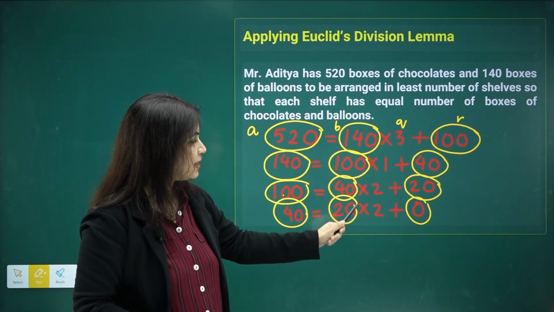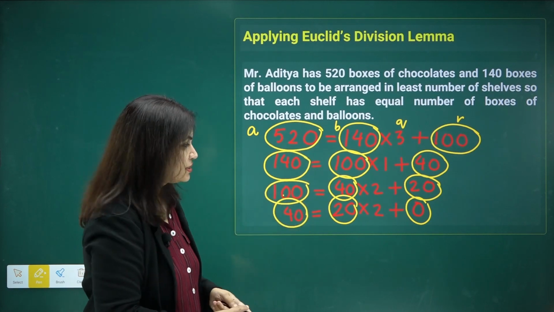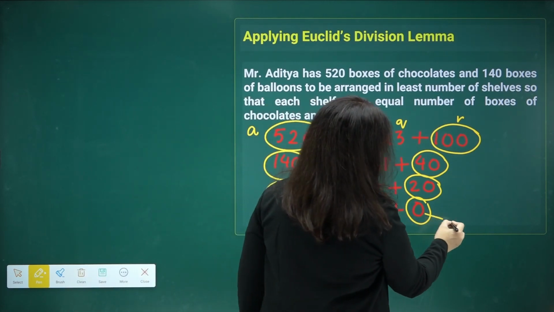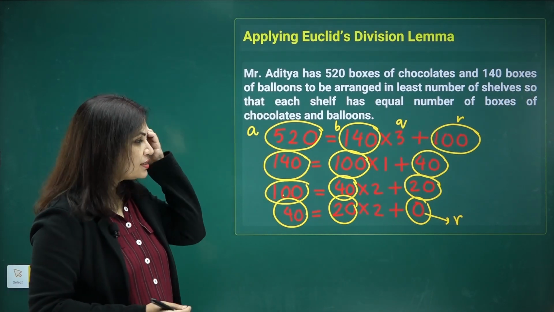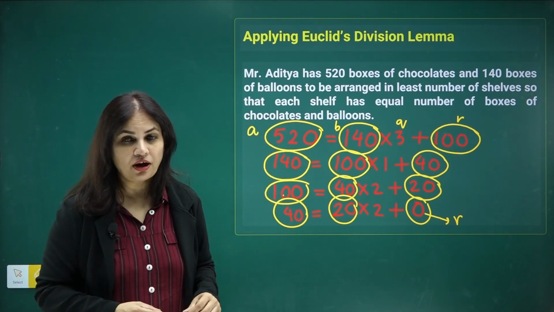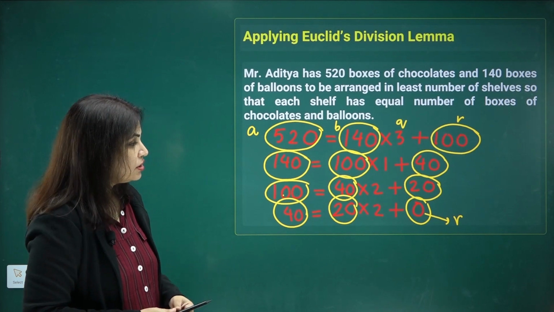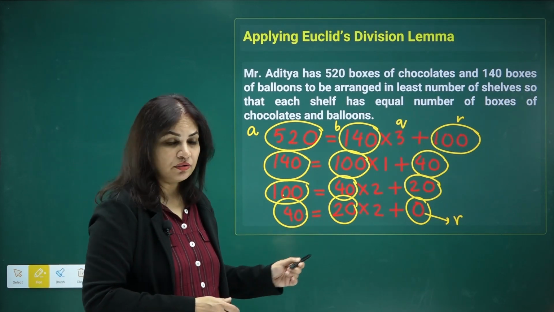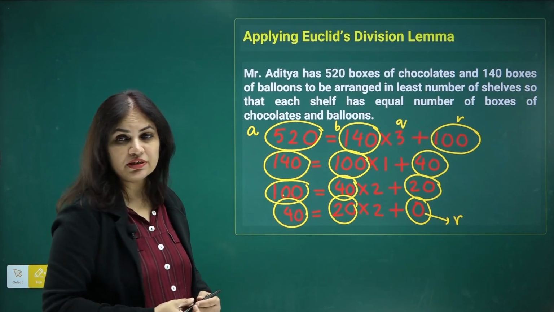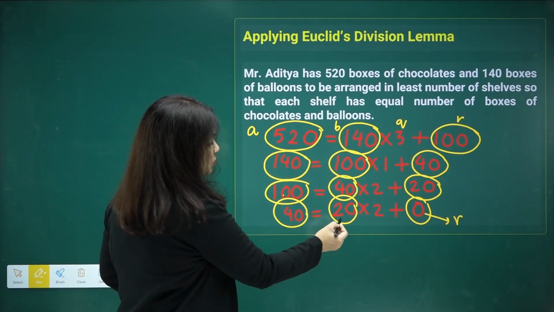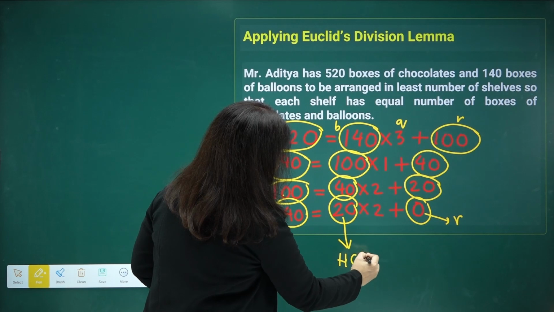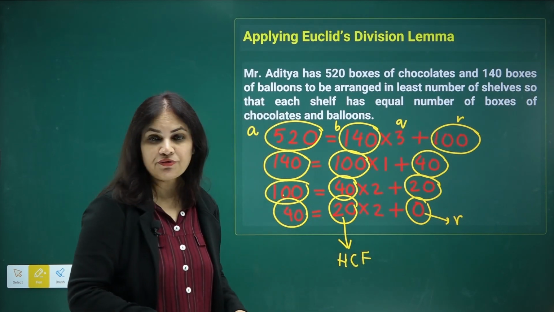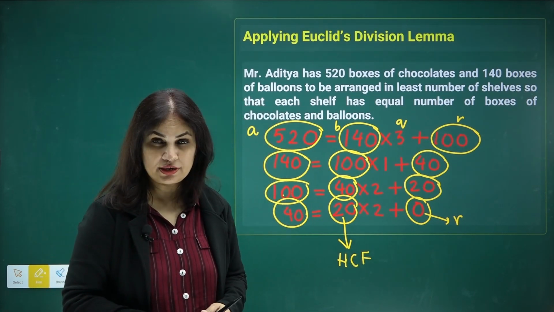So every time we keep on doing this until we get the value of R as 0. We continue doing this until we get R equal to 0. The divisor which is giving me R equal to 0, that is 20, is the highest common factor of 520 and 140.